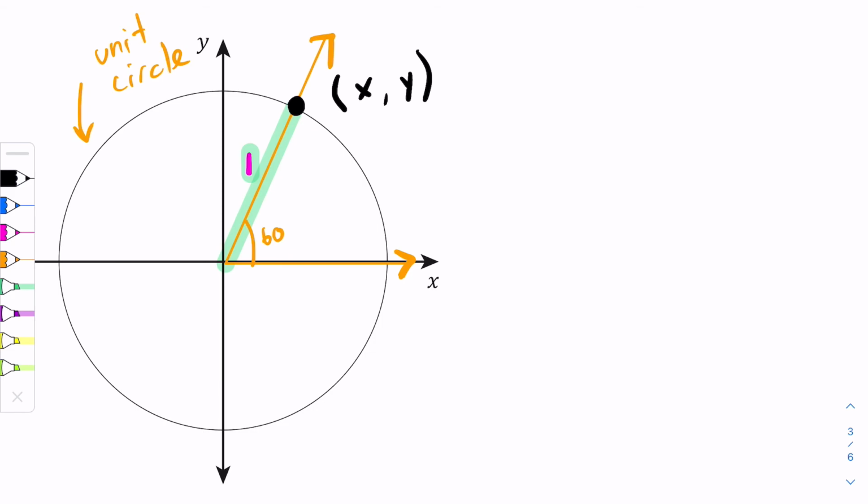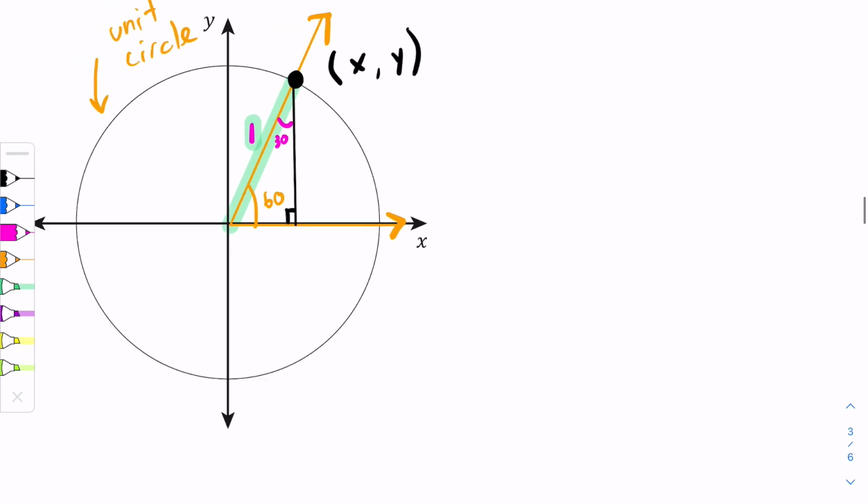So what I'm going to do is drop a perpendicular line to the x-axis, forming a right angle, and also forming a 30-degree, 60-degree, and 90-degree triangle. So this here is a 30, 60, 90 triangle.